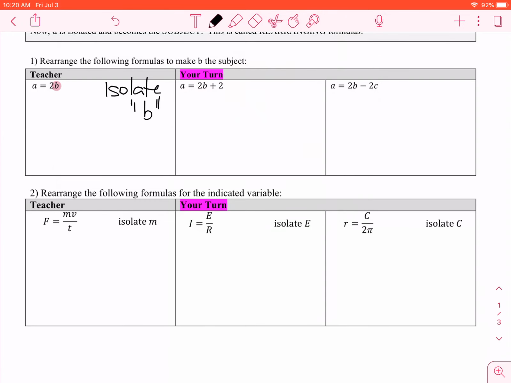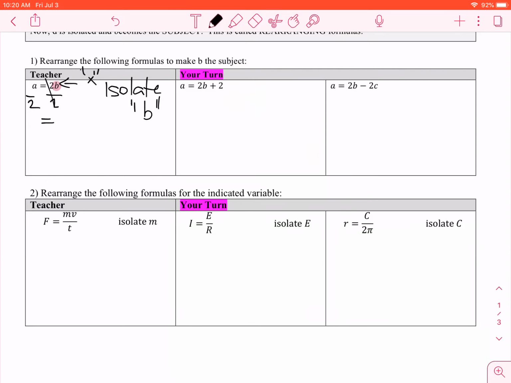Now we'll think, what operation is at hand? Well, 2b is similar to 2 times b, right? So this operation is actually multiplication. Now the opposite of multiplying is dividing. So I'm actually going to divide both sides by 2, not b, okay? It's a common mistake I find some students make. They'll divide by your subject, but I'm looking for b.